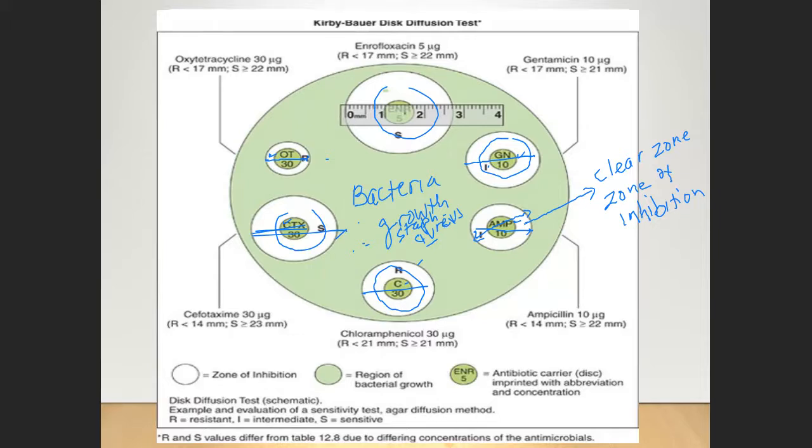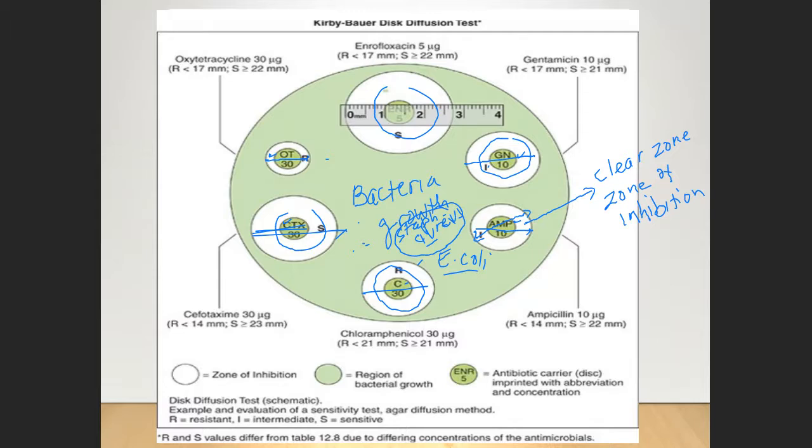So this is what we call the Kirby-Bauer diffusion test, to test the effectiveness of antibiotics against a certain type of bacteria. We can change the bacteria. Maybe we use E. coli, for example, or another type of bacteria, to know which antibiotic is more effective against that type of bacteria.